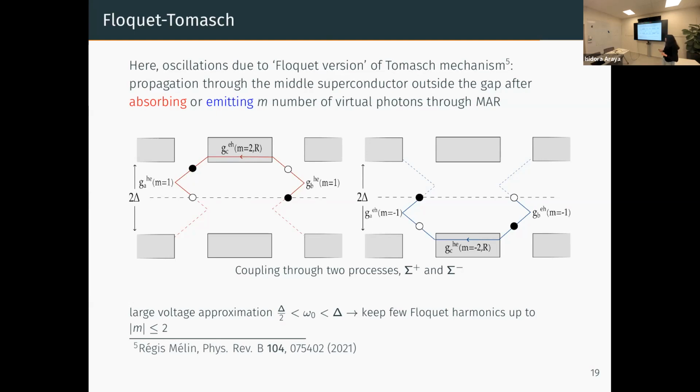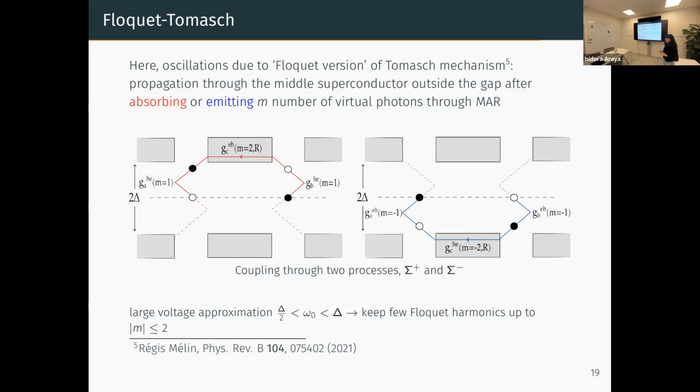Well, I'm trying to do some analytics, so I take a large voltage approximation because then I can keep very few processes. So here, if omega 0 is larger than half of the gap, then I can only keep these two processes, two reflections I show here.